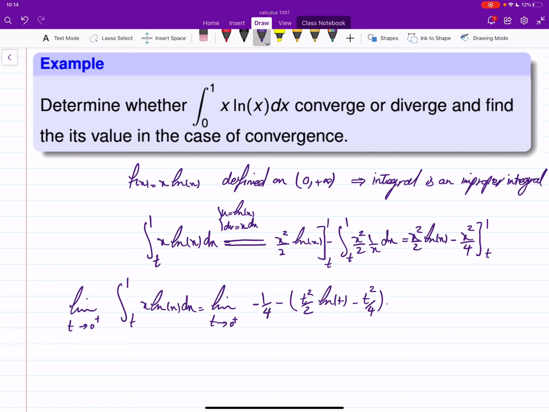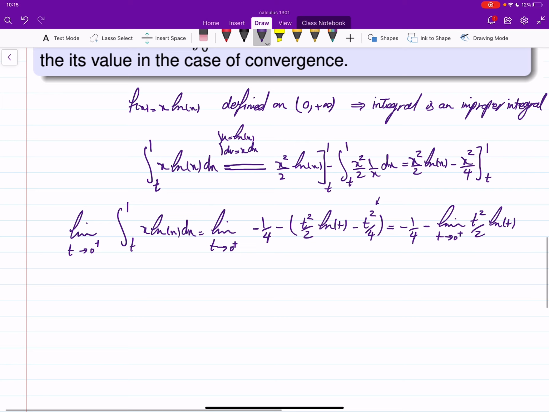If I plug in that one, this will give me 0. There is a negative 1 over 4 at the beginning. The only term that I have to be careful with is this term here, as t goes to 0 plus.